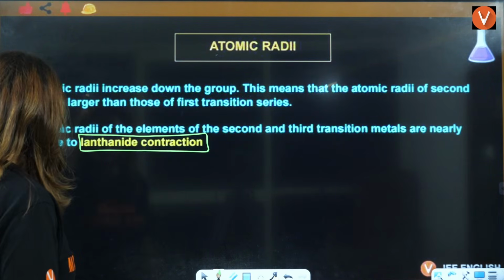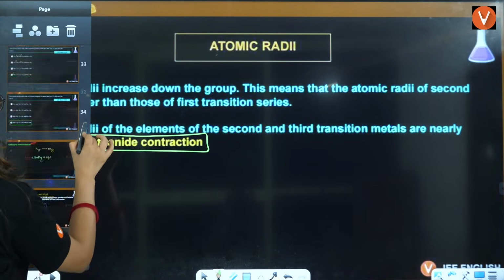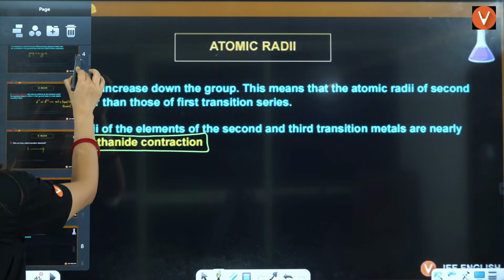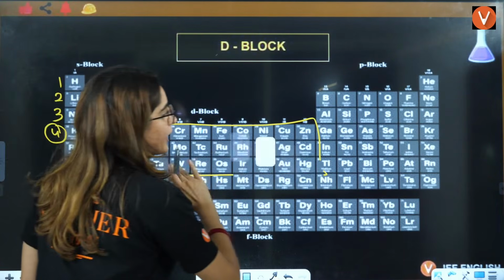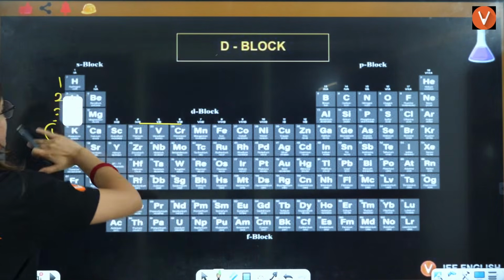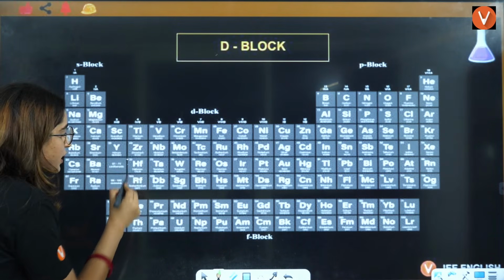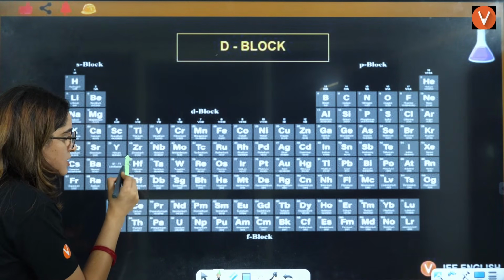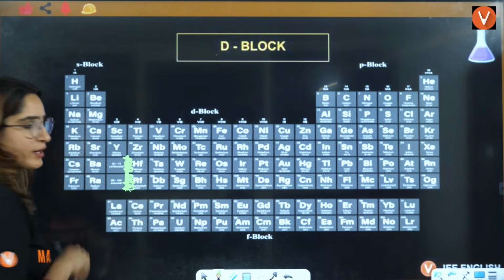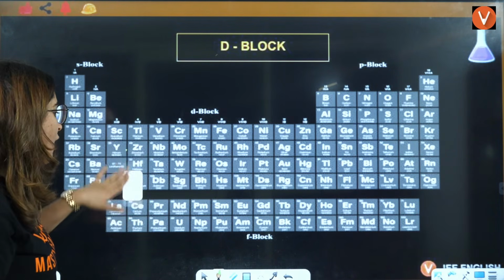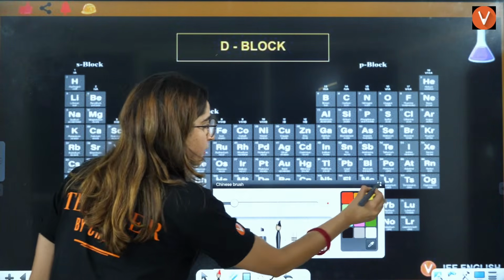Okay. For that, you have to visualize this table again. From this table only, I'll teach you what lanthanoid contraction is. This is where you have lanthanoids. This is where you have actinoids. Now I'm talking about lanthanoids only, right?